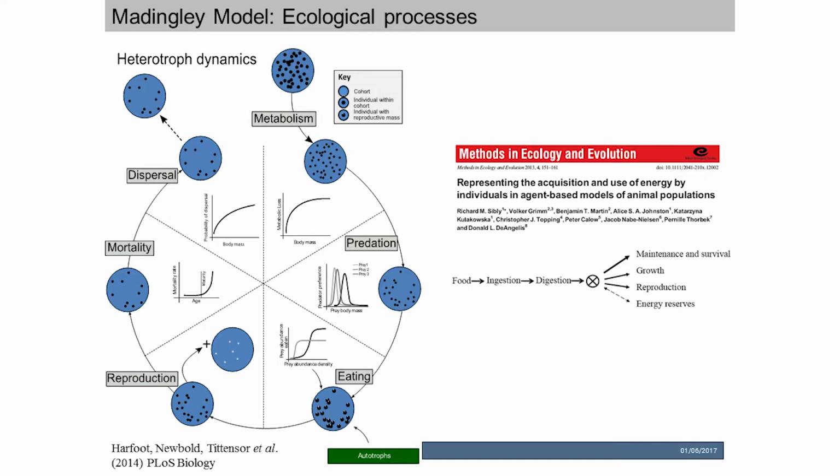So we have this logistic curve, where the amount of prey abundance which you eat is a function of the prey density. But each predator cohort also has a preference for a particular prey size, which affects the attack rate, which moves this curve backwards and forwards along that curve.